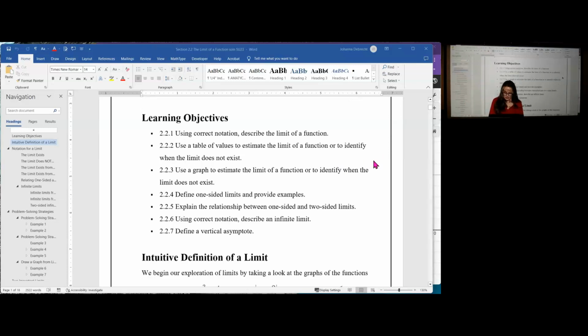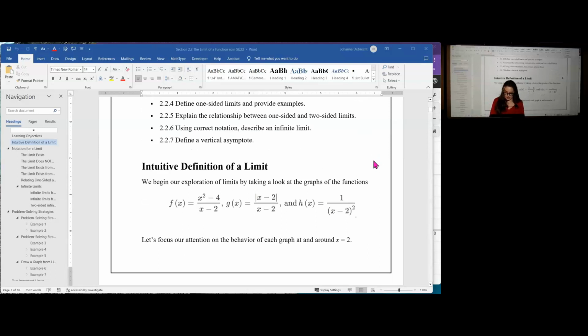Let's go ahead and talk about the intuitive definition of a limit. We're going to do this by looking at several different graphs. We have the graph of x squared minus 4, all divided by x minus 2. We have the function, the absolute value of x minus 2, divided by the quantity x minus 2.